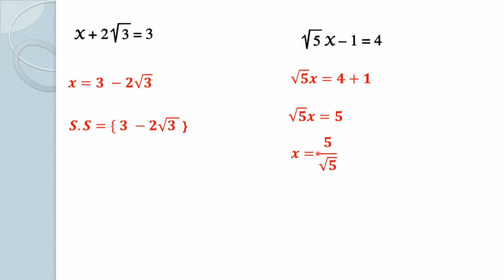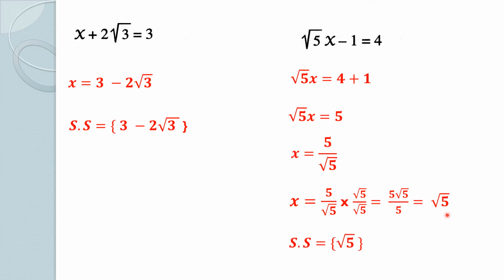We do not prefer root 5 in the denominator, so multiply by root 5 over root 5, which means multiplying by 1. The numerator is 5 root 5, and root 5 times root 5 equals 5. Remove 5 and 5, equals root 5. Therefore, x equals root 5, which means that the solution set equals {root 5}.